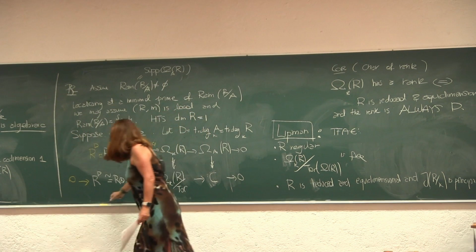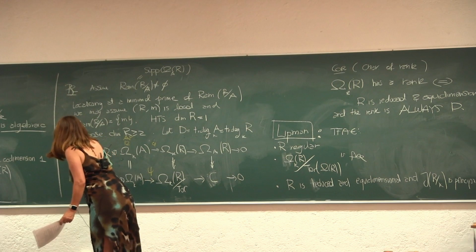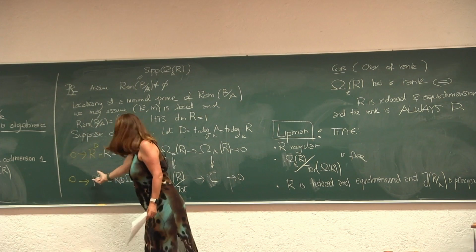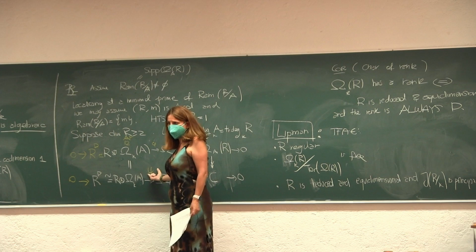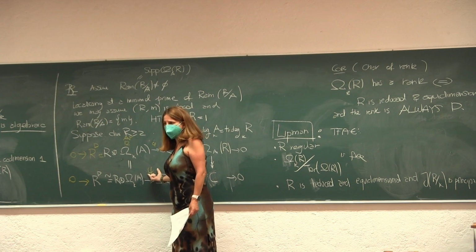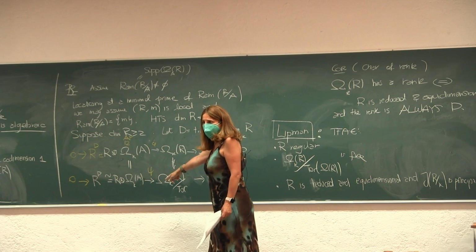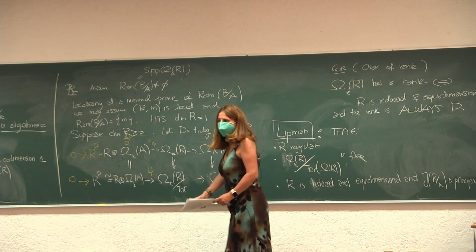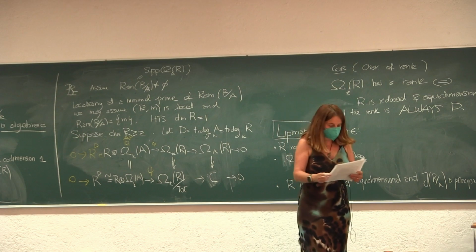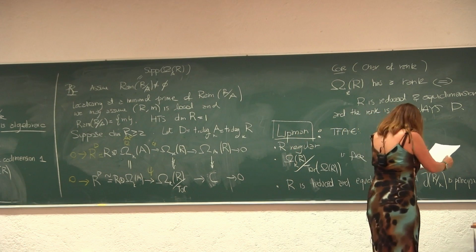Okay? Which tells me that this is injective. Why is this injective? Because the kernel of this map is 0. And why is the kernel 0? Because the kernel has to be torsion. But this guy is torsion free. Okay? So this tells me the torsion is 0.